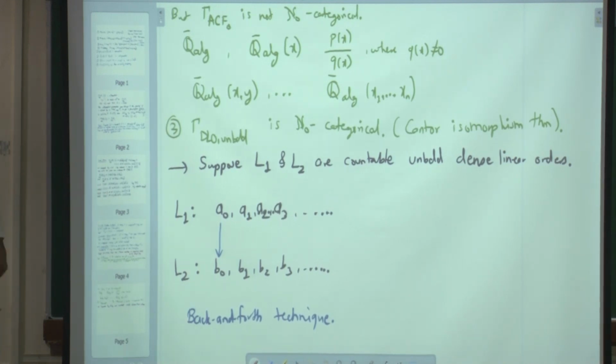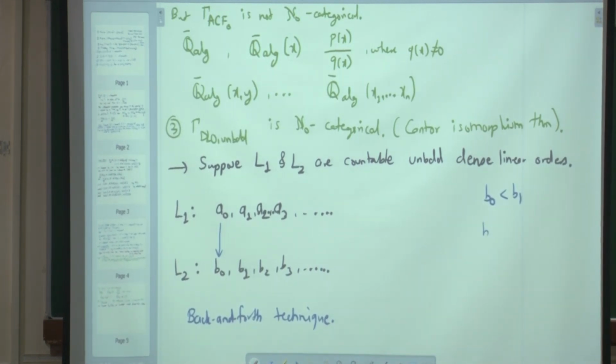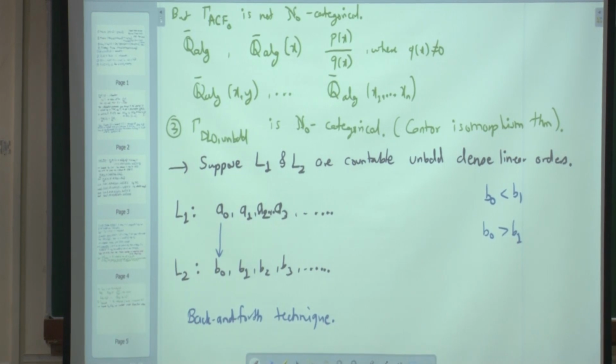Now you compare. This is the comparison part. So either B0 is less than B1 or B0 is bigger than B1. Now, if this happens, where do I map B1 to?